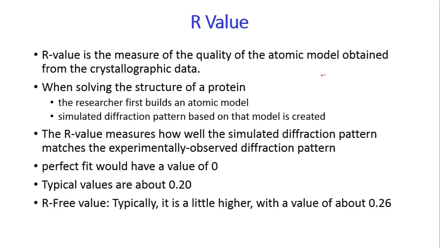Say for example, you have this electron density map, and this electron density map has been obtained from some diffraction pattern, which might look like this. On this electron density map you would generate your model.